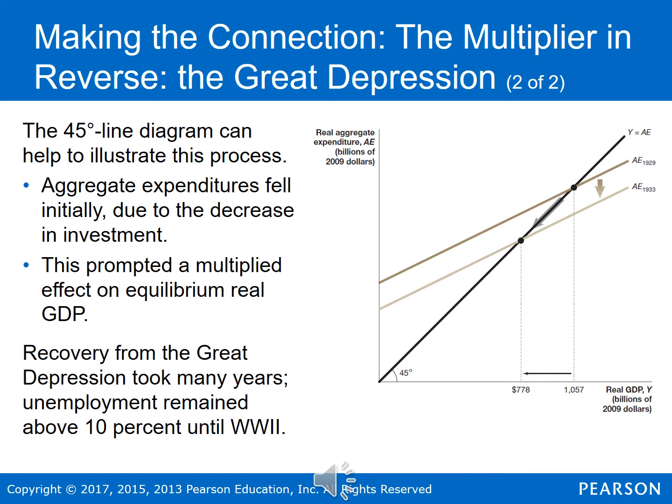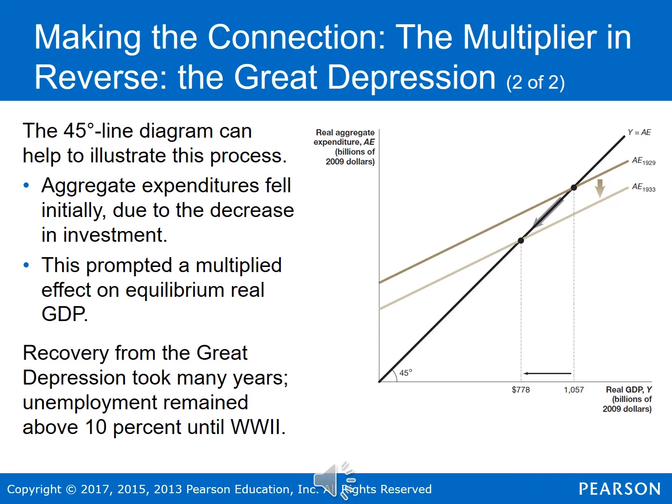So we can use that 45-degree line diagram, the Keynesian cross we've been talking about, to illustrate the multiplier effect working in reverse during these years in the Great Depression. So the economy was at potential real GDP in 1929. This was before the declines in aggregate expenditure began. Then we started experiencing the declining consumption, planned investment, and net exports, and that shifted the aggregate expenditure function down from the line AE 1929 to AE 1933.